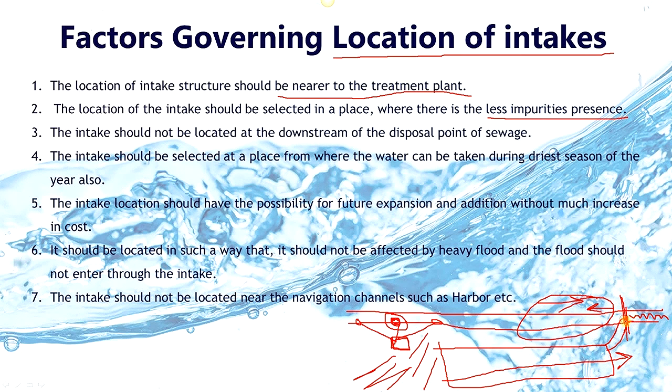This is downstream of this point and this is upstream of this point. Okay, in the upstream we may get purer water than this. Intake structure should not be located downstream of any sewage disposal point.